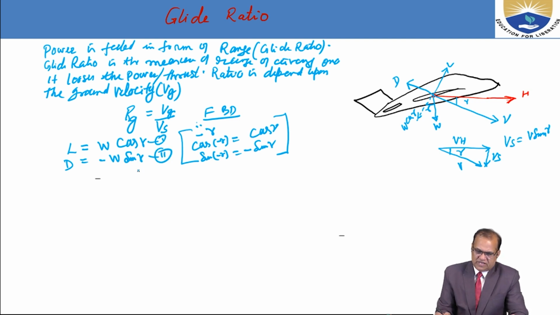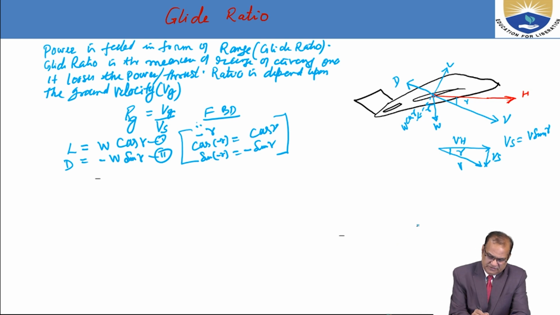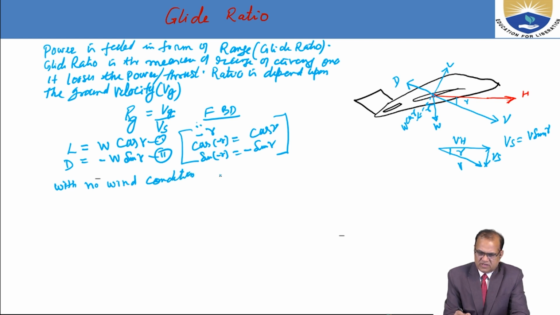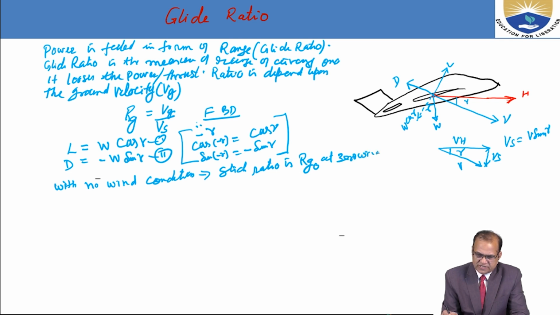Now with no wind condition, the glide ratio is Rg naught, because of zero wind.